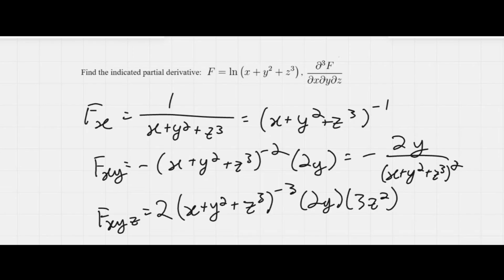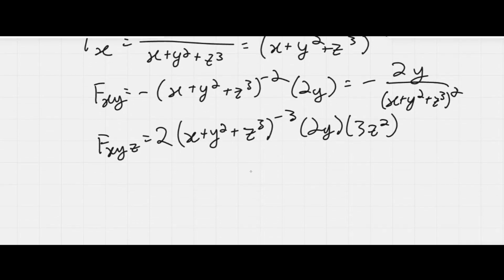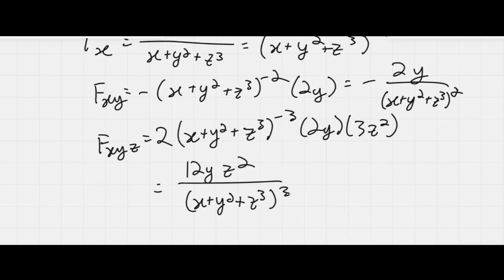Alright, and now simplifying this to a much easier to understand expression, what we're left with is 12yz squared, all of that over x plus y squared plus z cubed, cubed. And thus that is the indicated partial derivative that's been asked for.